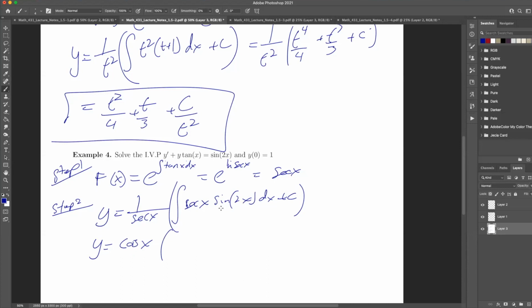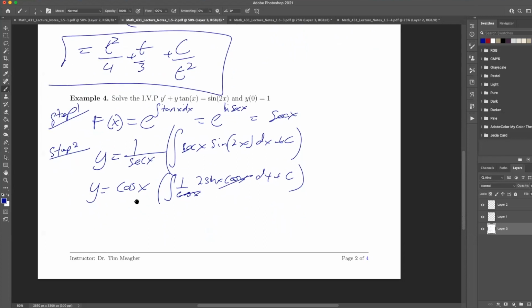This integral, see if I can make my life even easier. This is 1 over cosine x. This sine of 2x becomes 2 sine of x cosine x. I can cancel this off, so I'm just left with 2 sine of x dx plus c.